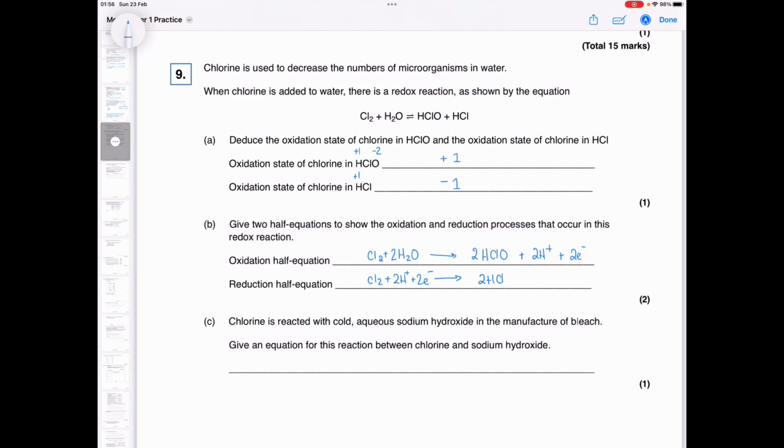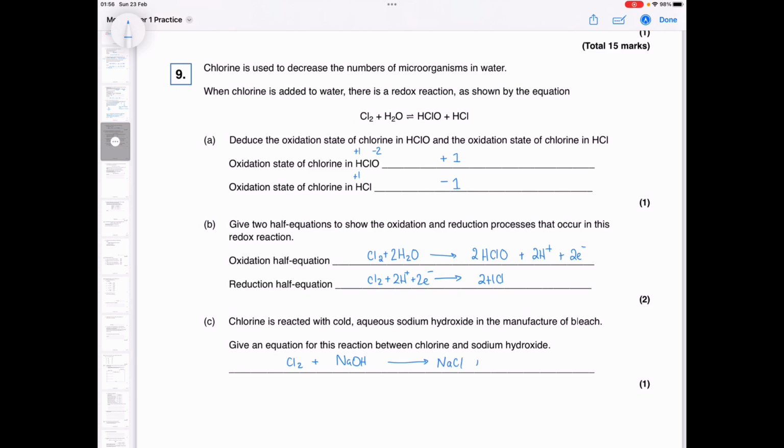Chlorine is reacted with cold aqueous sodium hydroxide in the manufacture of bleach. Give an equation for this reaction. So we have chlorine plus NaOH. I'll balance it in just a moment. The products from this, you need to learn this.